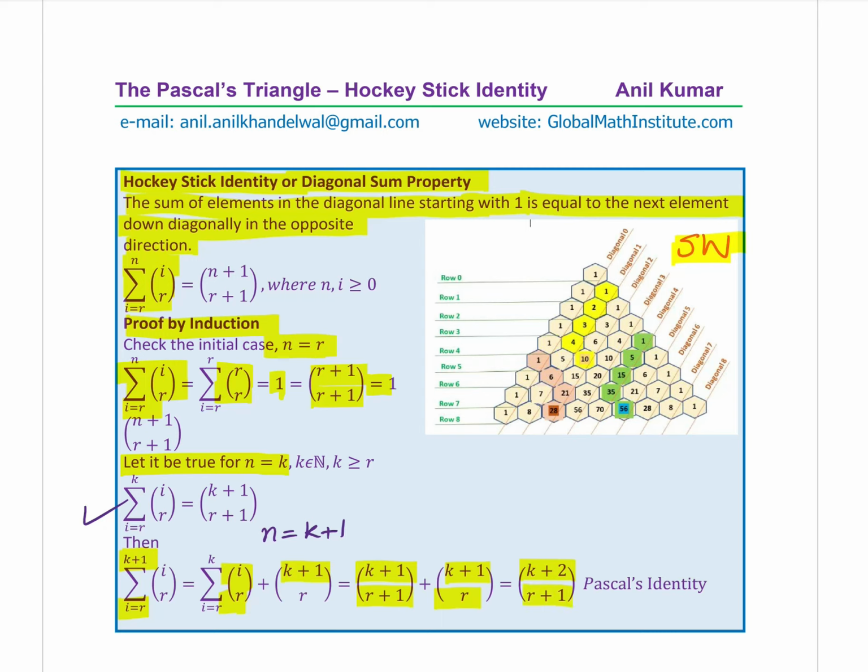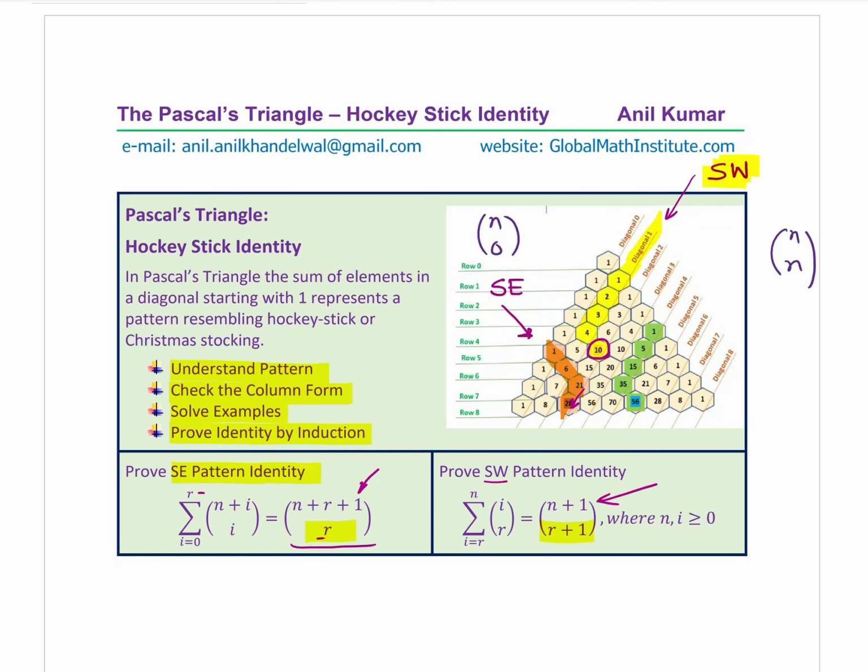So I hope it's absolutely clear how we can use the hockey stick property to solve many questions. So in case the sum of elements in a Pascal's triangle is along a diagonal line starting from 1, that is kind of very important, starting from 1.